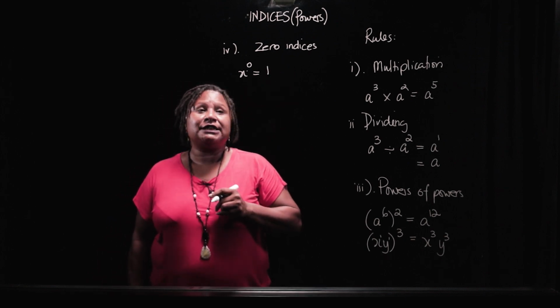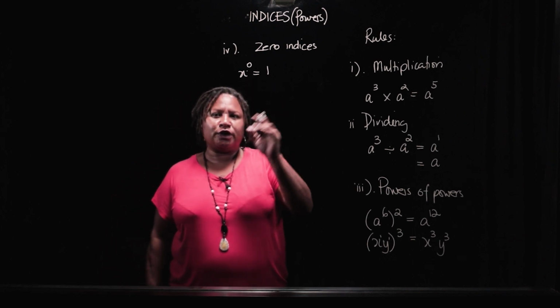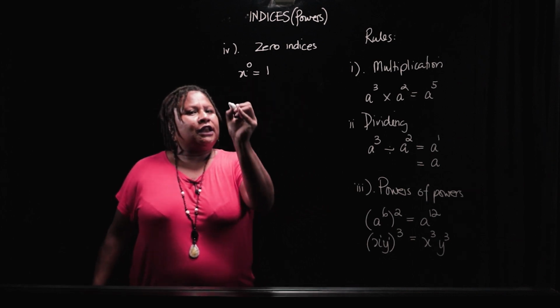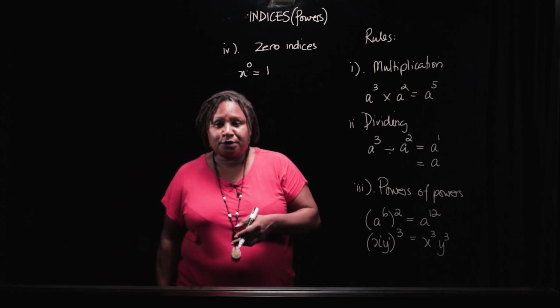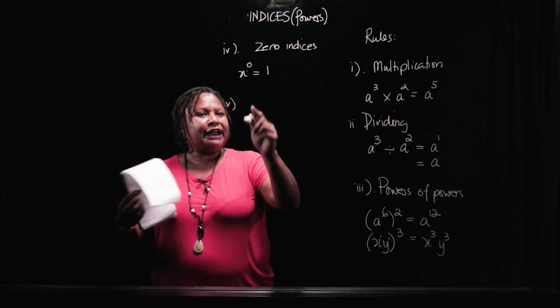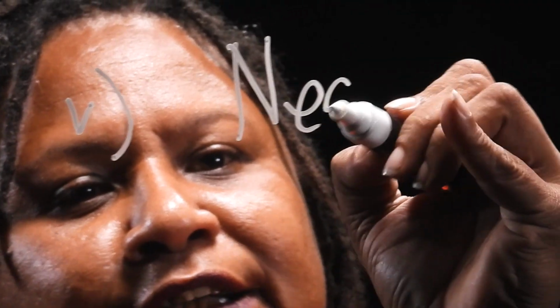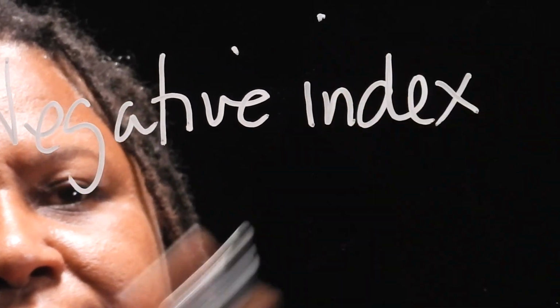You've already learned in grade 9 how we get 1, so I do not need to repeat it here. The next rule, after the zero index, is when a number is raised to a negative number, which we call a negative index.